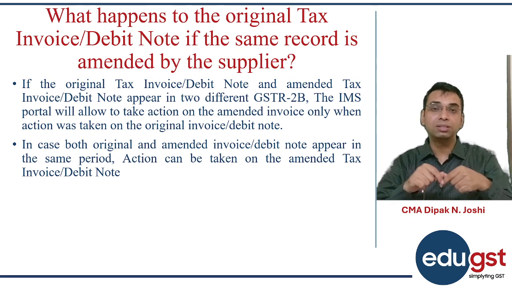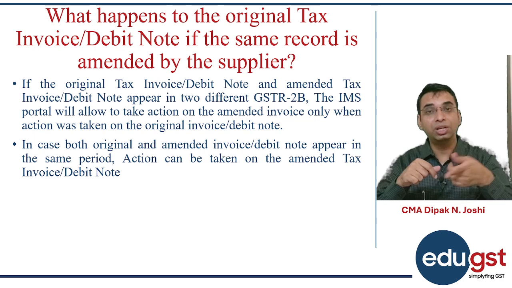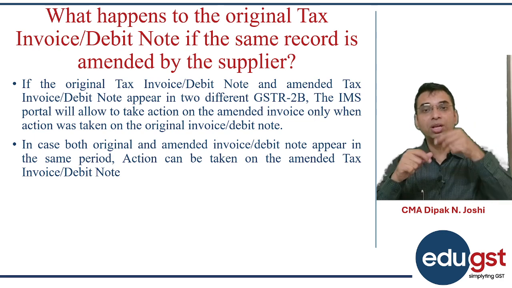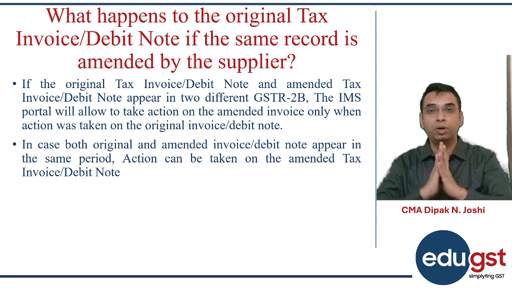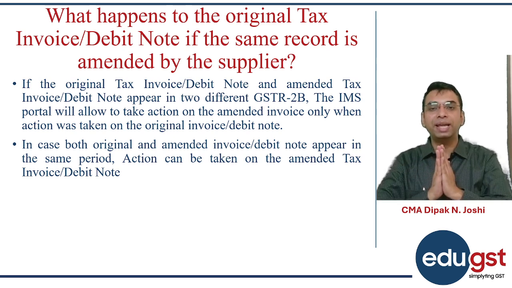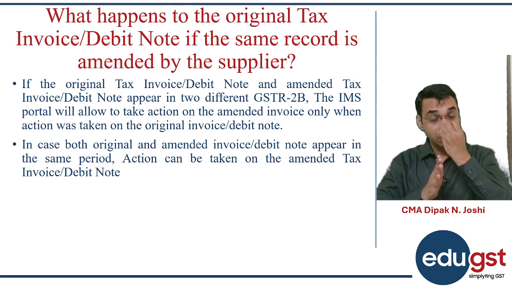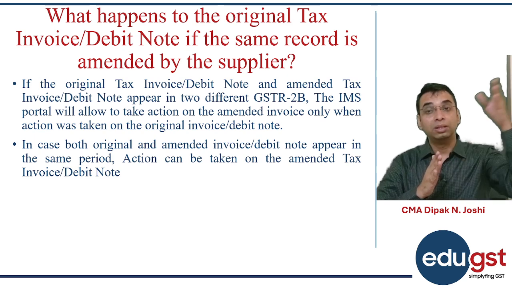In that case, what action you have taken on the original tax invoice is very important. If you have accepted original tax invoice, then only you can accept the amended record.